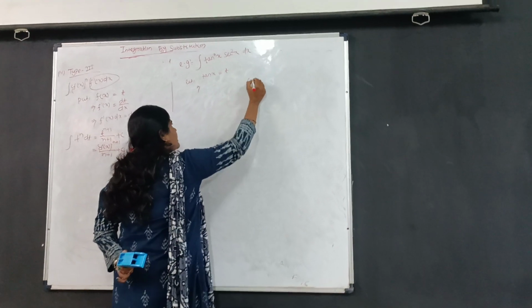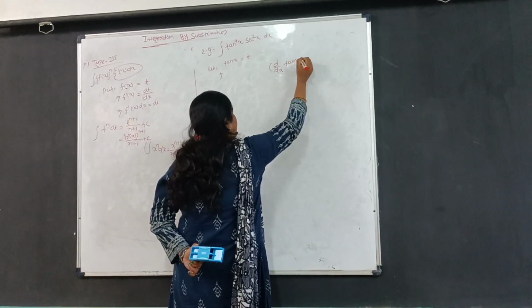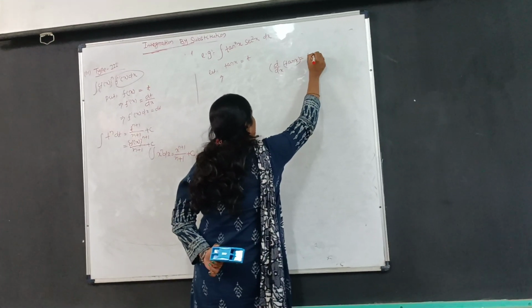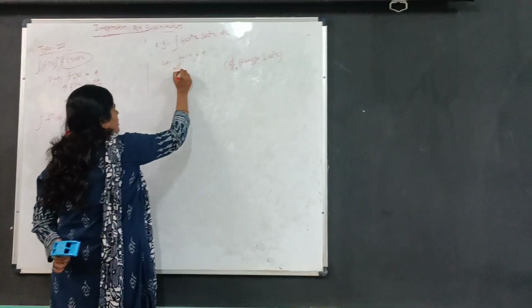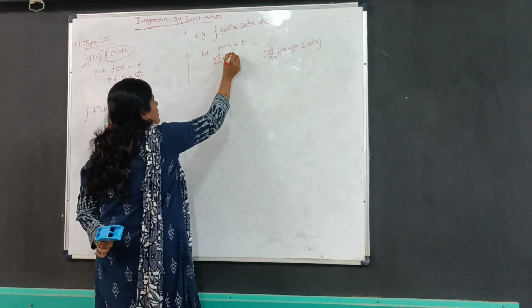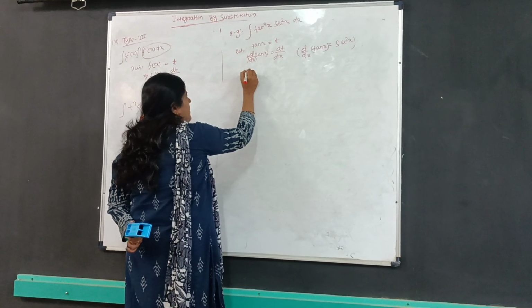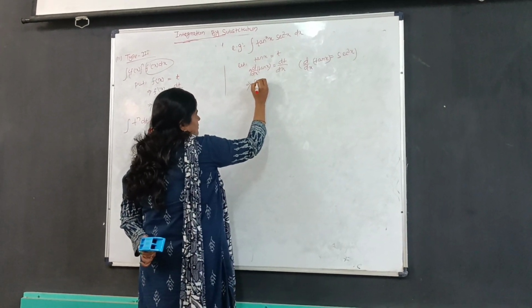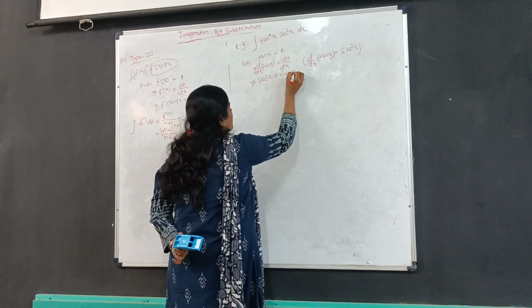Already we know that dy dx of tan x is equal to sec square x. So dy dx of tan x is equal to dt by dx, that implies sec square x dx is equal to dt.